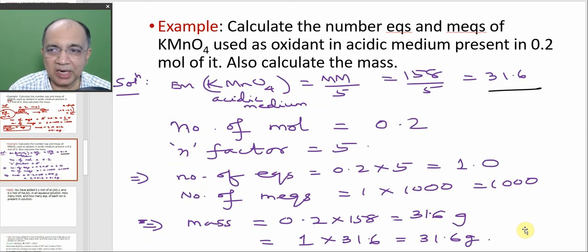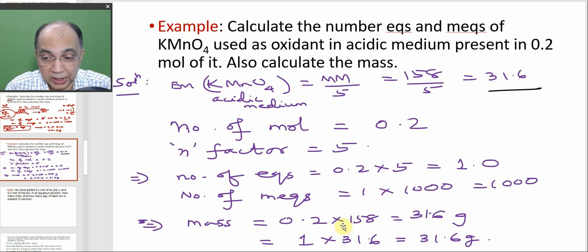So the same answer I have done, I am showing it for you. The number of moles is given, and the n factor is 5. Simply multiply, you get 1. The number of milliequivalents is 1000 into that. And to convert it into mass, you can use moles. But in the previous slide, I have used its equivalent mass, hence the number of equivalents.